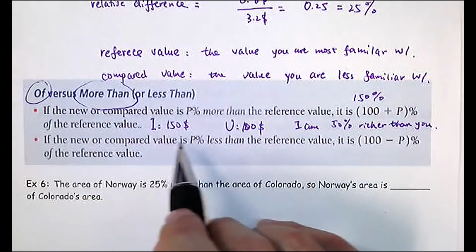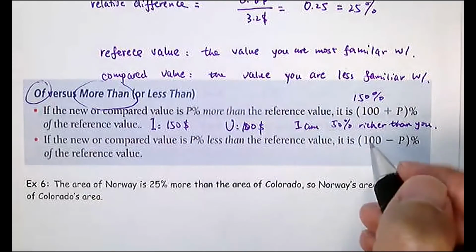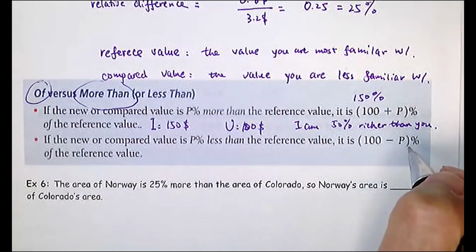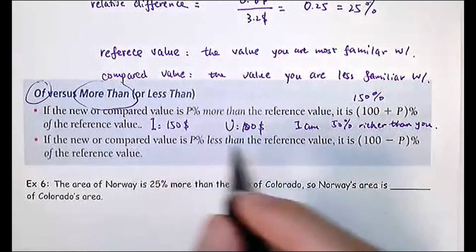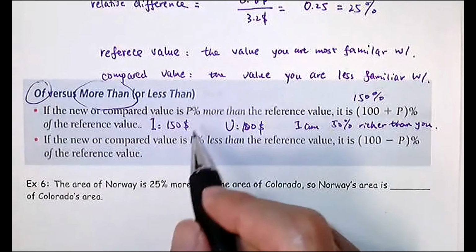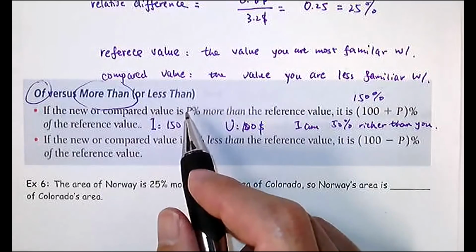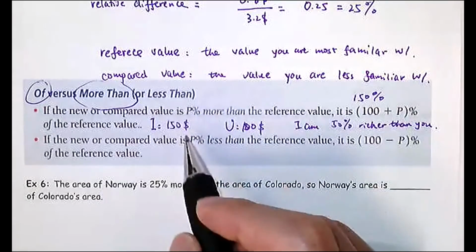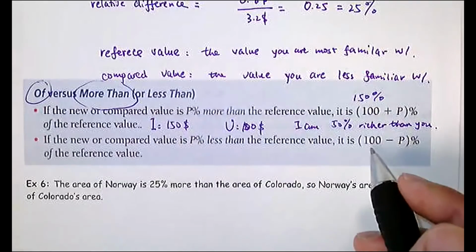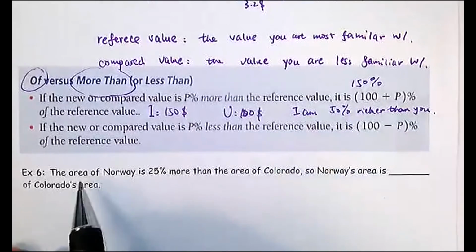Similarly, if we are p% less, we're just 100% minus p% of the reference value. Okay, so those all depend on the p. If p is positive, you plus this p. If p is negative, you minus this p. So let's see a detailed example.